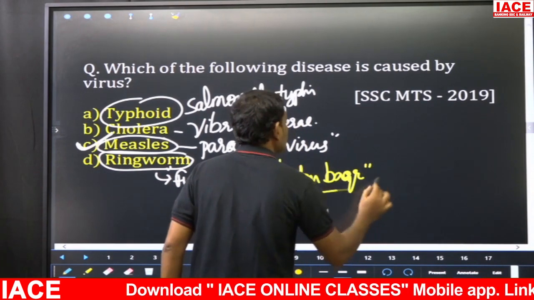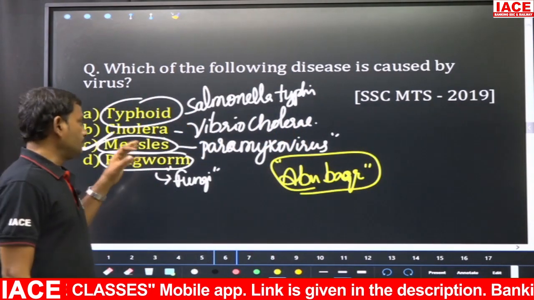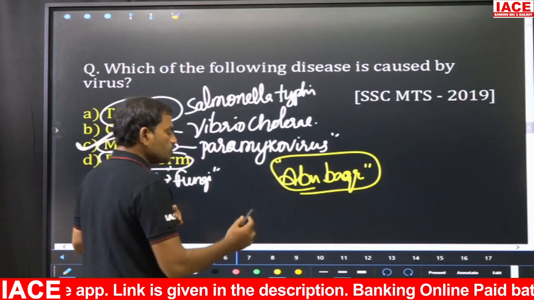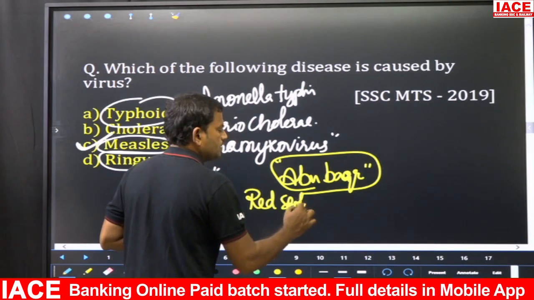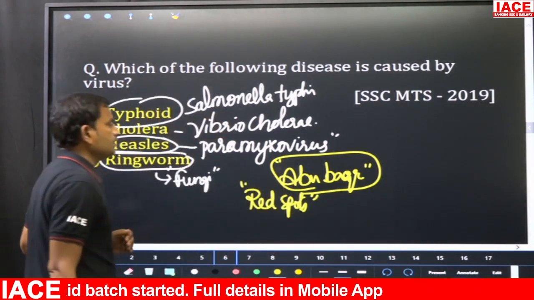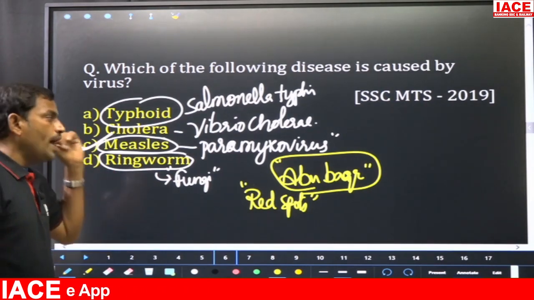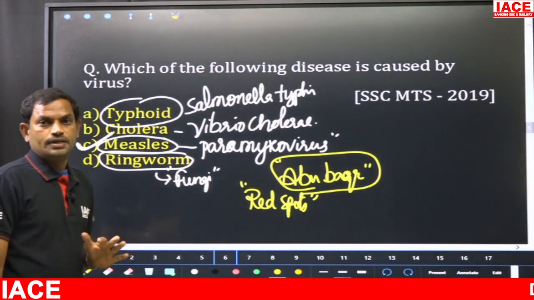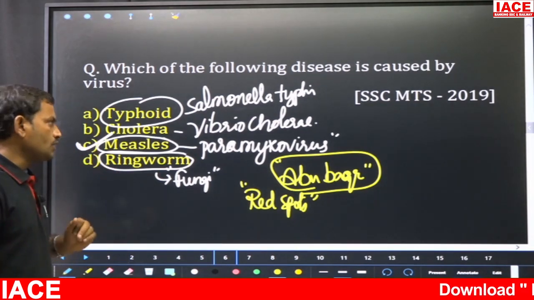According to him, this disease may also be called the red spots disease. Right? And remember, the measles virus is an RNA virus. It spreads very quickly among children especially. So that is the explanation regarding this question. Now the answer is option C.